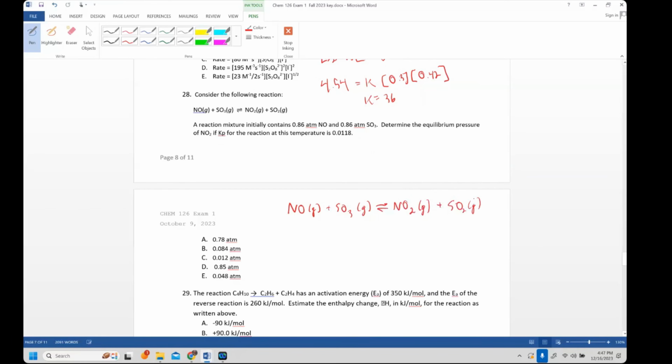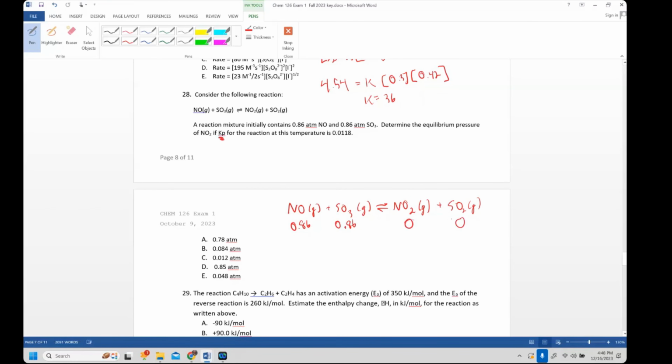And we're being given an equilibrium constant. So NO is going to be 0.86. And I know we're given ATM and pressure, but we can still determine the Kp value, right? And it's given us our Kp value, which has to be in terms of pressure anyway.